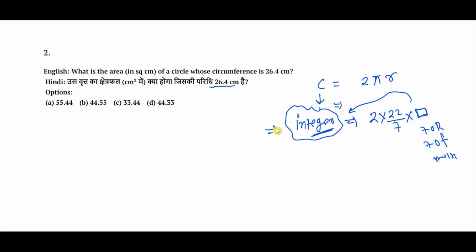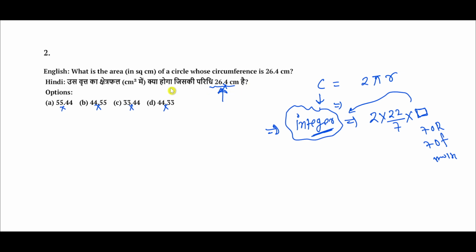It also means that if you look at this question, the circumference is 26.4. So if you have circumference in integers, then the radius is 7 or a multiple of 7, which means the area is also in integer form. So you can easily cancel out the decimal options here.